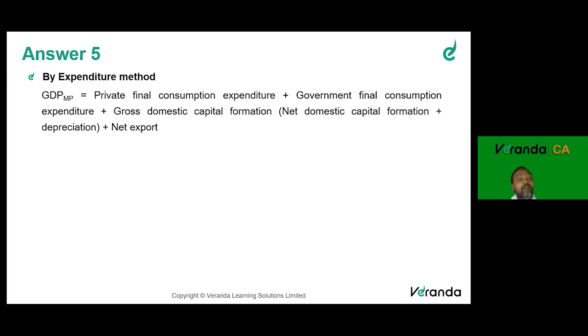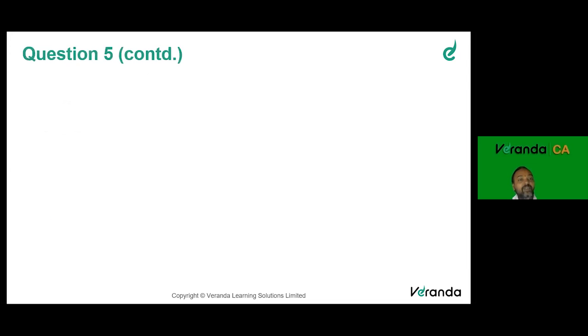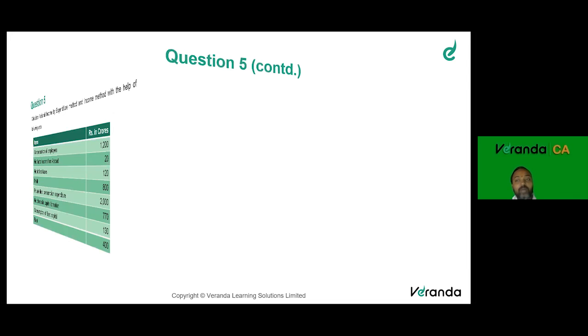Here GDP at market price can be arrived at as government final consumption expenditure plus domestic capital formation, including depreciation, plus net export. So we will see what are the things which we need to add here.